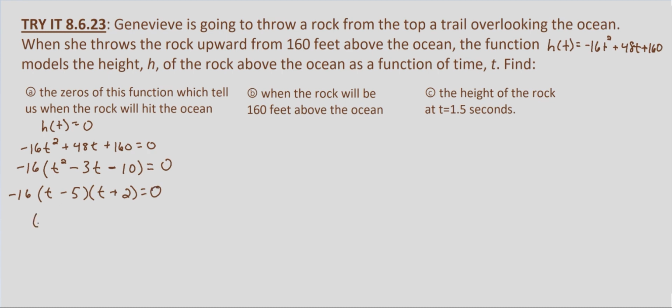So that gives us the options of t - 5 = 0 or t + 2 = 0. So that gives us t = 5 or t = -2. Well, we can't have negative time in this instance, so we know that's not it. So we know that the zero of the function is when t = 5 seconds.